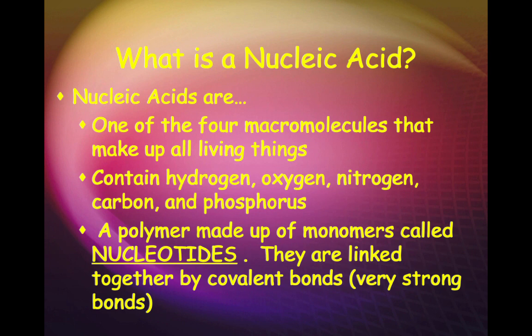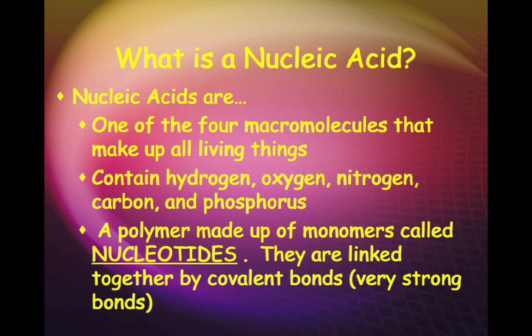We haven't talked much about the fourth major macromolecule. We talked about the other three quite a bit with proteins, lipids, and carbohydrates. So nucleic acids are the fourth major macromolecule, and they are made of subunits or monomers, just like every other macromolecule.